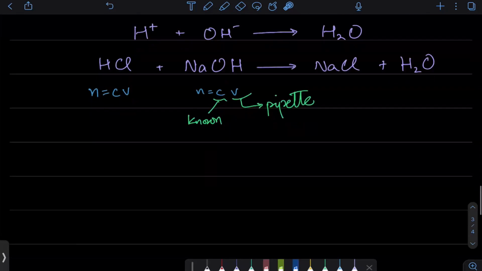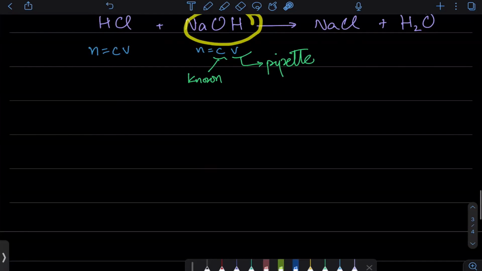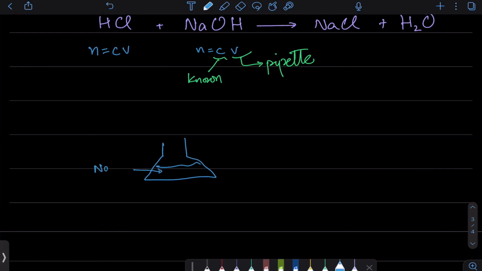Here's what we do. We take NaOH, we add it to a conical flask. क्यों? मुझे बस ये देखना है, the moment moles of this equal moles of this, वो neutral हो जाएगा. और मुझे अगर किसी तरह से पता चल जाए ना कि ये neutral हो गया है, I will stop.